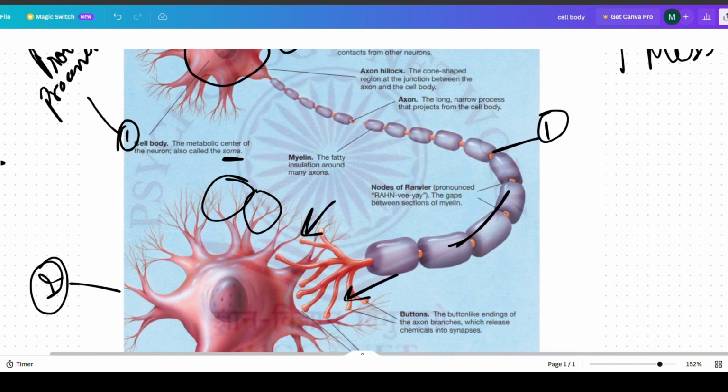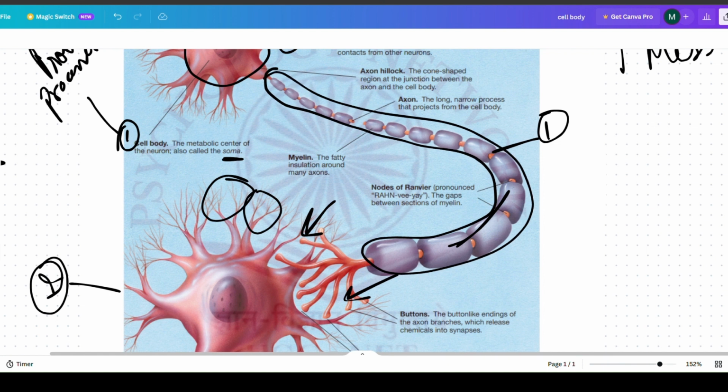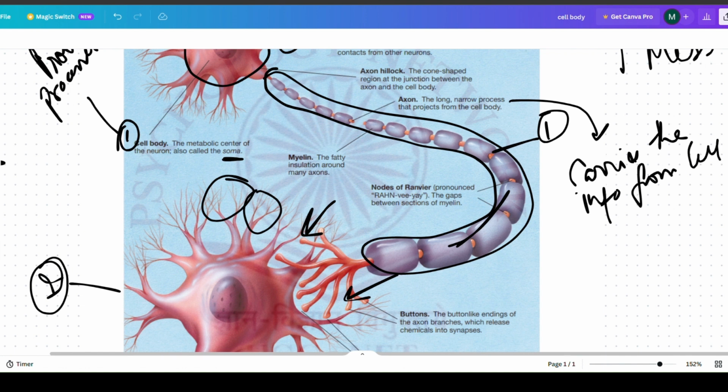Next, we will be talking about the axon. This long, narrow thing which you see is the axon. Now, what does the axon do? It is usually covered with myelin sheath and it carries information from the cell body, which is the soma, to the terminal buttons.